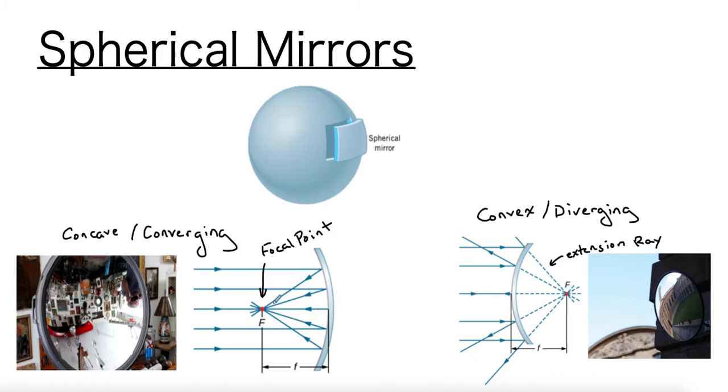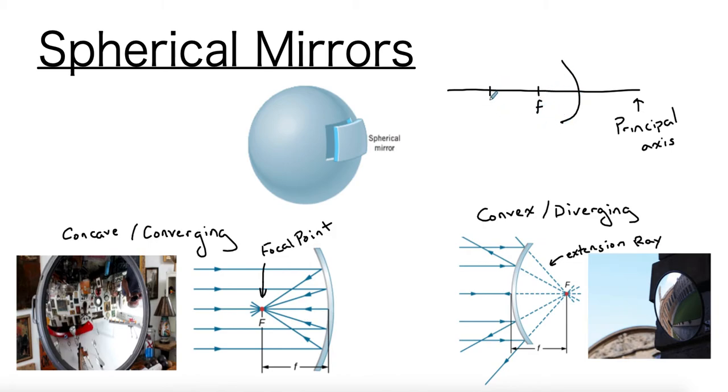Something true to both of these is since they come from a spherical mirror, they have this thing, and I'll draw another mirror up here. Let's say that we have this line, and this line is called the principal axis. It just runs through the middle of our mirror. And we have our focal point, this F, where all the rays go.